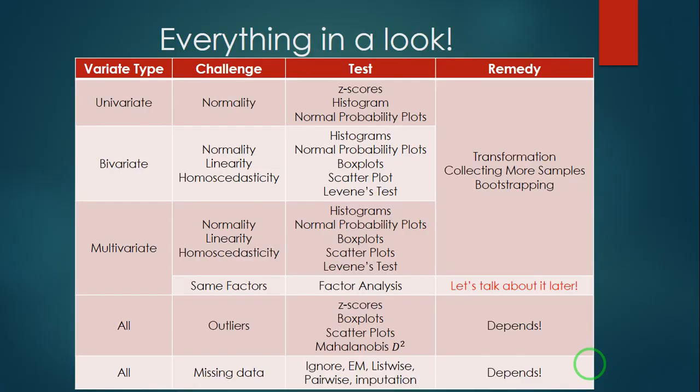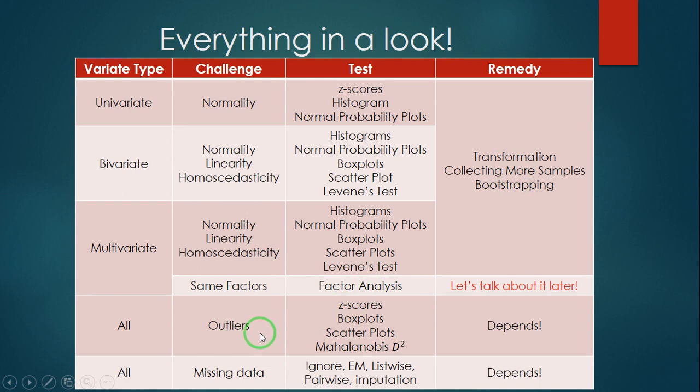Here is an overview of the contents of the last video and this video. If you remember, in the last video I talked about univariate, bivariate, and multivariate data analysis challenges that we may face, including normality, linearity, and homoscedasticity. I also talked about the tests by which we can test the challenges in data analysis techniques, and I covered the remedies that we can use to deal with those challenges.